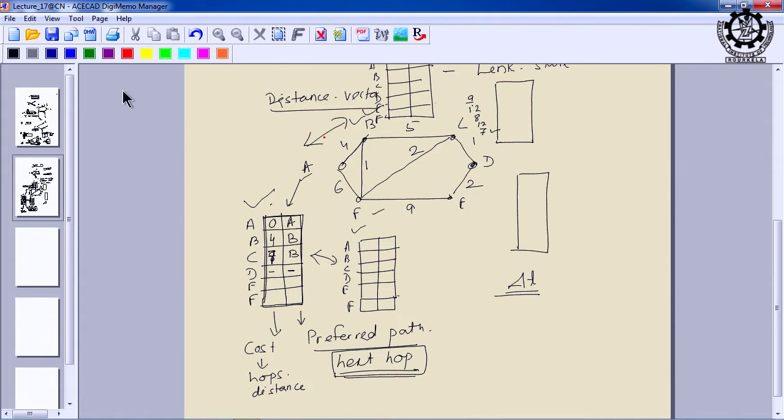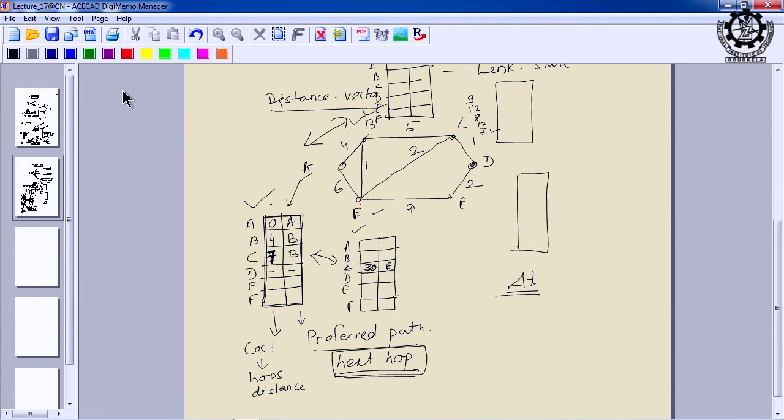The reason for exchanging the table is this. If F finds any path to reach C, let us say F initially has a path to reach C with cost 30, and the preferred path is E. But when it receives the table of A, it finds that A can reach C with a cost of 7, but I can reach C with a cost of 30.